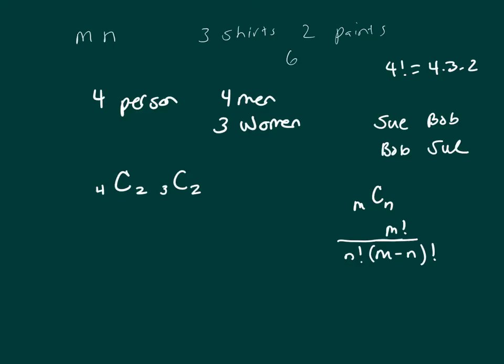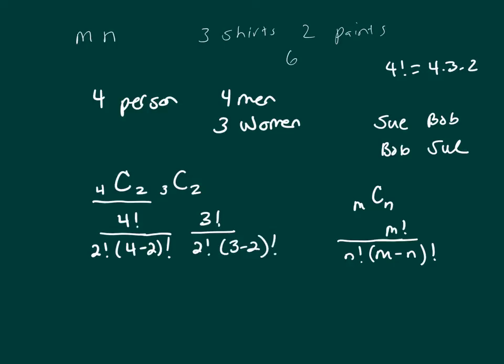So combination 4 choose 2 is 4 factorial over 2 factorial times 4 minus 2 factorial. And combination 3 choose 2 is 3 factorial over 2 factorial times 3 minus 2 factorial.